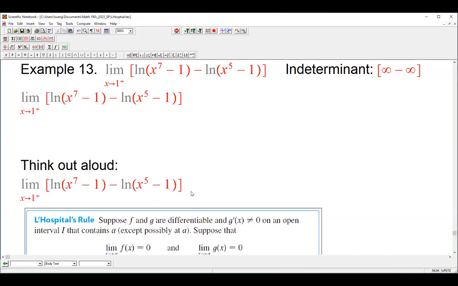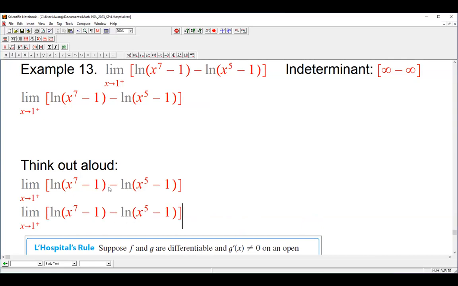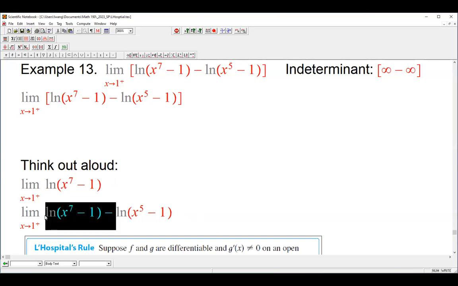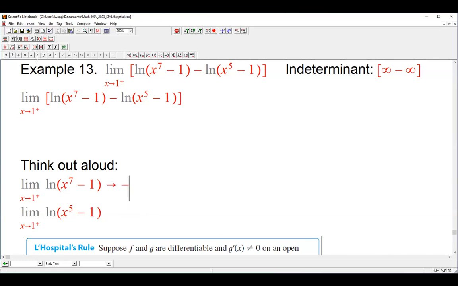This limit, what I meant is that this piece and this piece, they both approach negative infinity as x approaches positive 1 from larger than 1, right? So we cannot apply limit law. We cannot apply L'Hopital's rule either.